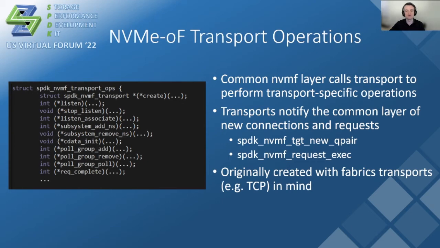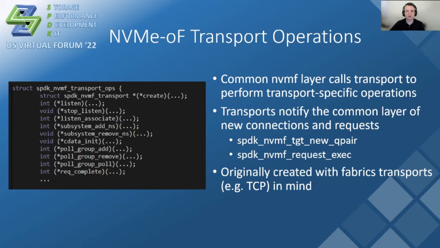It defines all of the interfaces that will be called by the common layer to perform some transport-specific operations. The transport, on the other hand, notifies the common layer about new requests or new connections using functions like nvmf_tgt_new_qpair or nvmf_request_exec.